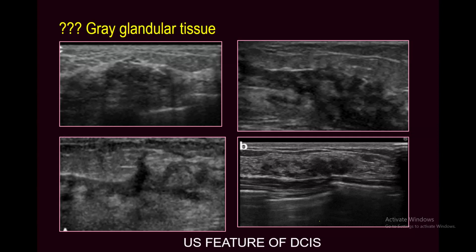Previously, I used to either recommend, it depends on how suspicious it is. Sometimes the suspicious findings are subtle, sometimes they are obvious, in spite of it not being a real mass. It is a lesion, an abnormality, but not a discernible mass, yet there is definitely a parenchymal abnormality.